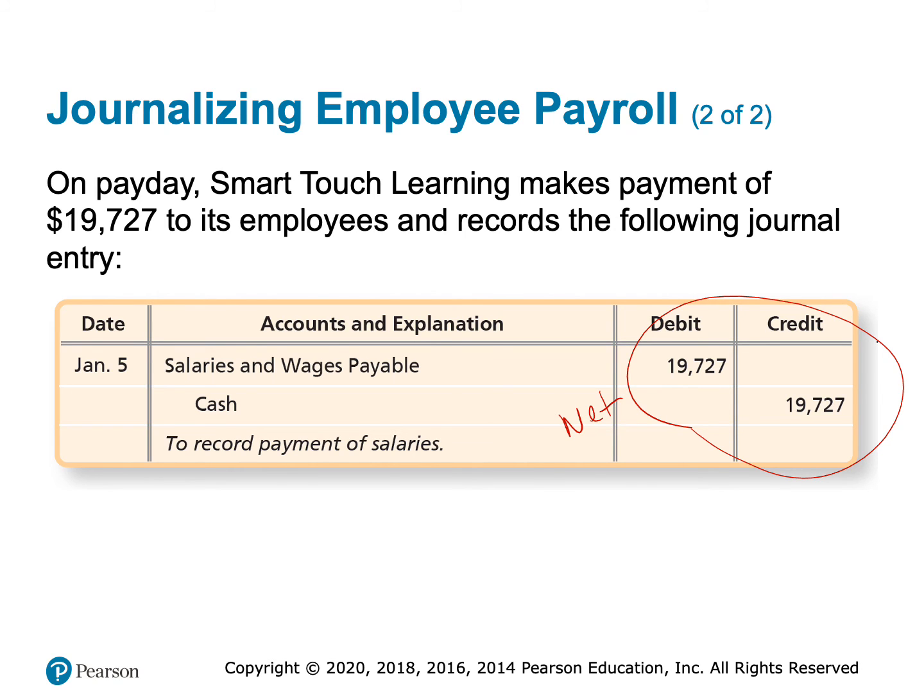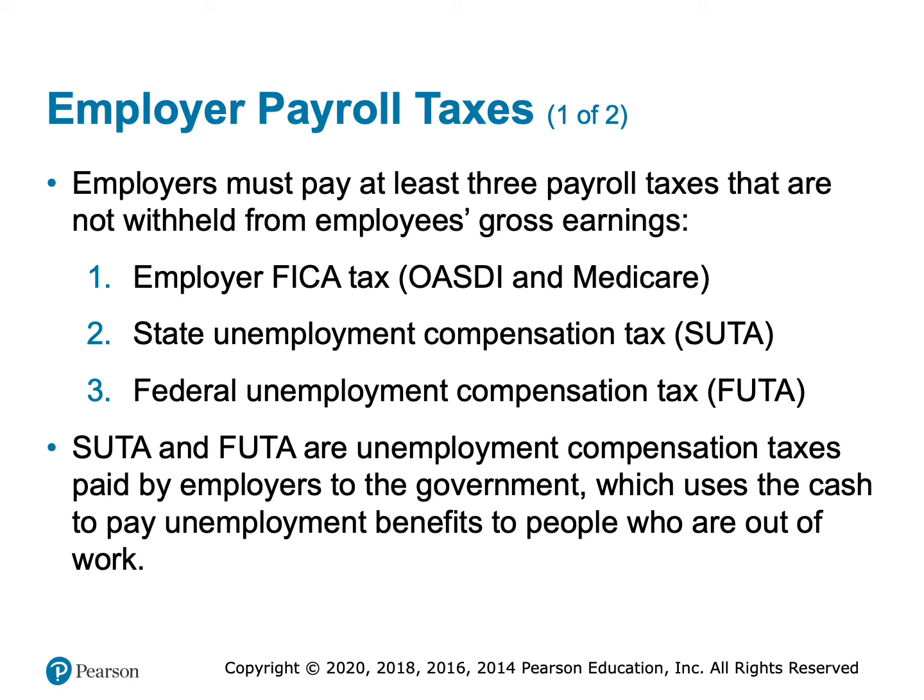Now, that's not all that the employer has to do, because the Social Security and Medicare tax that came out of your paycheck is only half of what has to get paid on your behalf. Half of it gets taken out of your paycheck. The other half actually comes out of your employer's pocket. They have to match what you're paying.